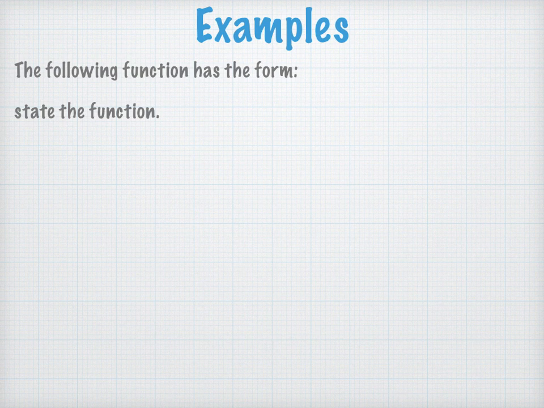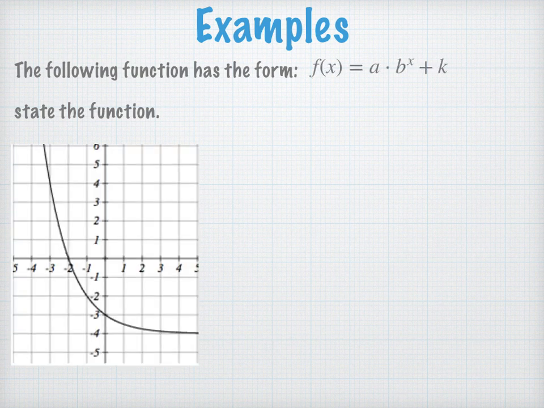The following function has the form f of x equals a times b to the x plus k. State the function. And we see a graph. First, we want to try to find our horizontal asymptote. As we look at this, the horizontal asymptote appears to be down here at y equals negative 4.